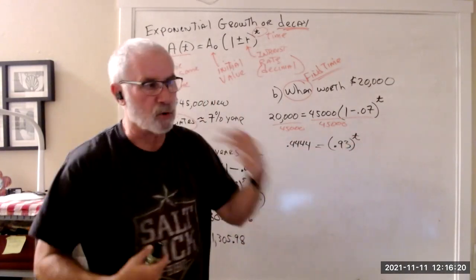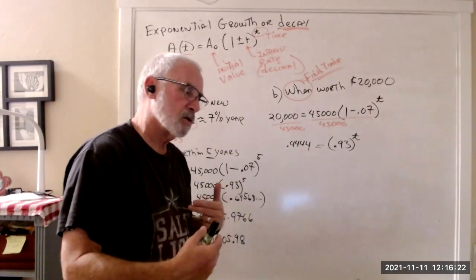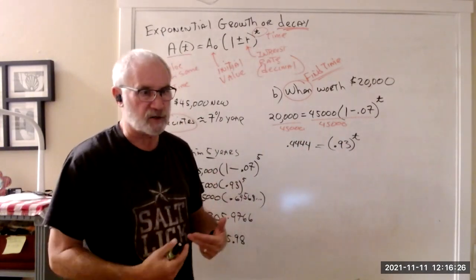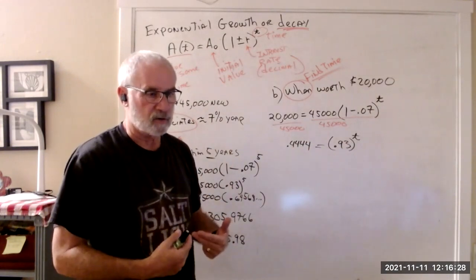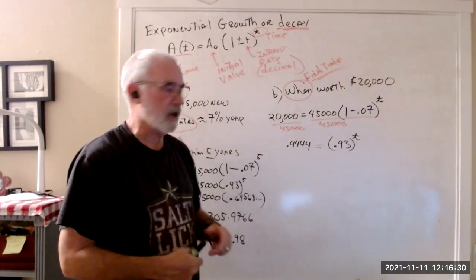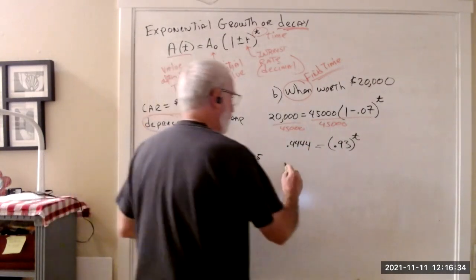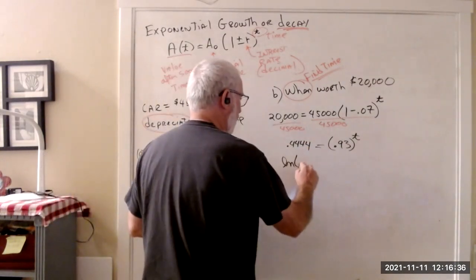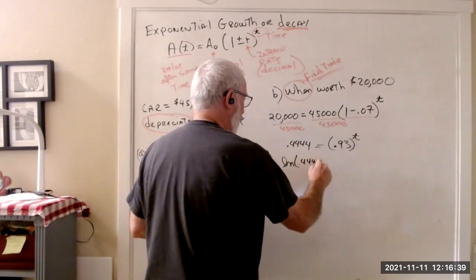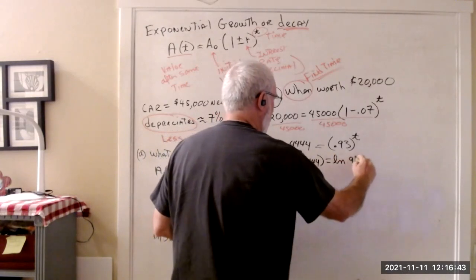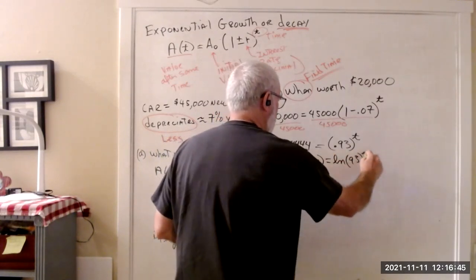You can either bar it, or you can ln both sides. It doesn't matter. Okay, I think I'll ln both sides. So that's going to look like the ln of 0.444444444 equals the ln of 0.93 to the t.